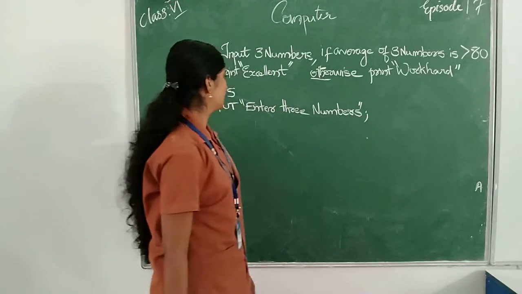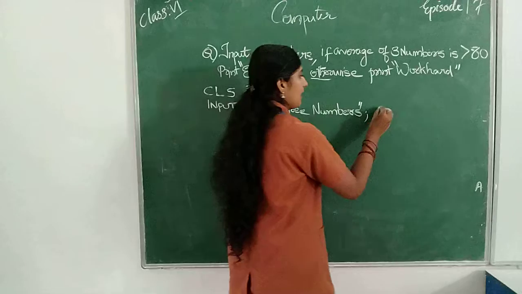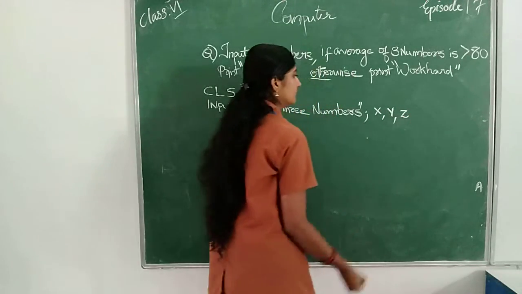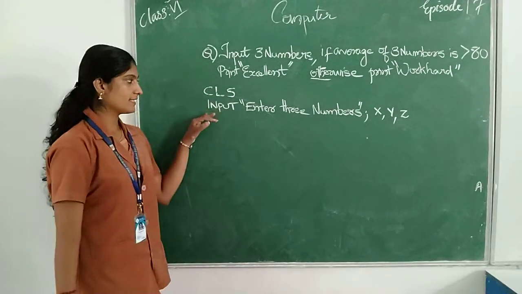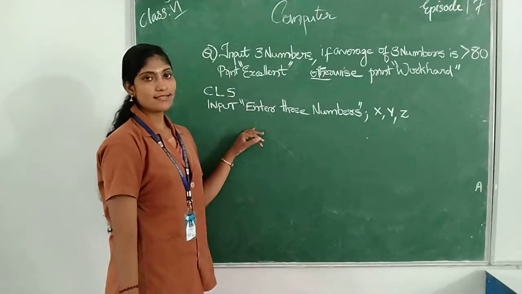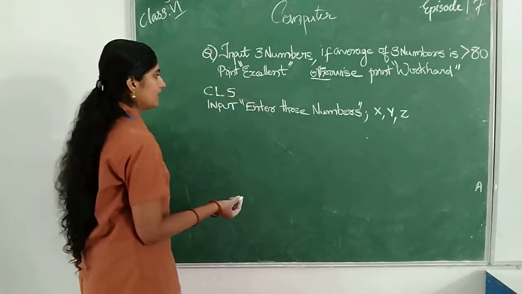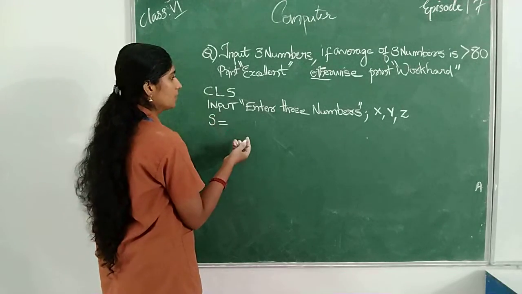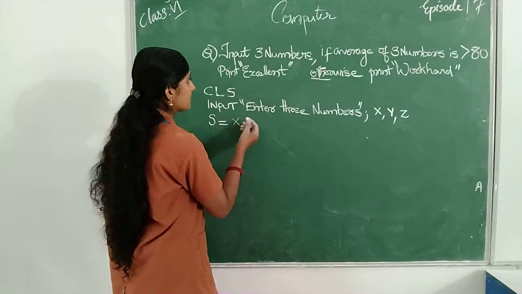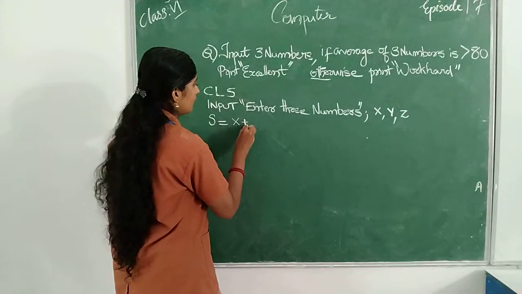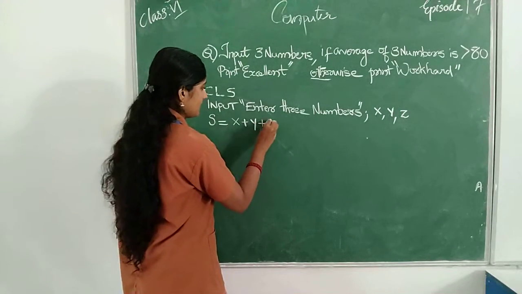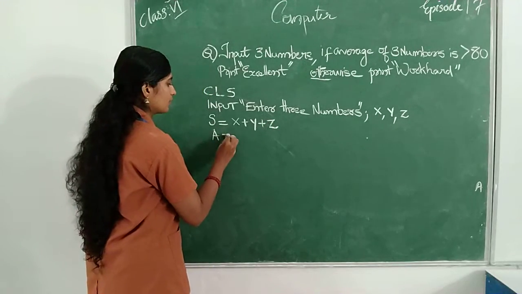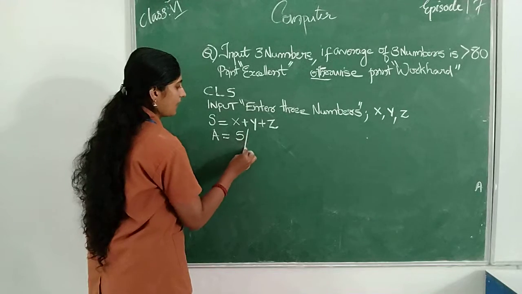So here let's take X, Y, Z. Okay, so clear screen, input, enter 3 numbers X, Y, Z. Then next S is equal to X plus Y plus Z. Then A is equal to S by 3.